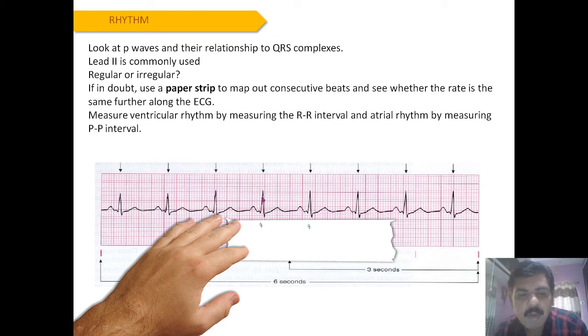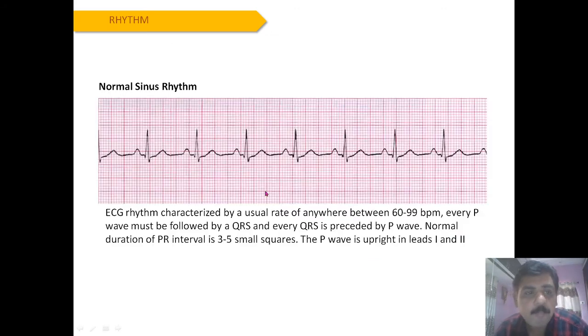This is what you are measuring for the rhythm. The rhythm is completed when each R is indicated by 1, 2, 3 and 4. These 4 big squares indicate 0.8 second. Then again 1, 2, 3 and 4 means the ECG cycle is repeated every 0.8 second.